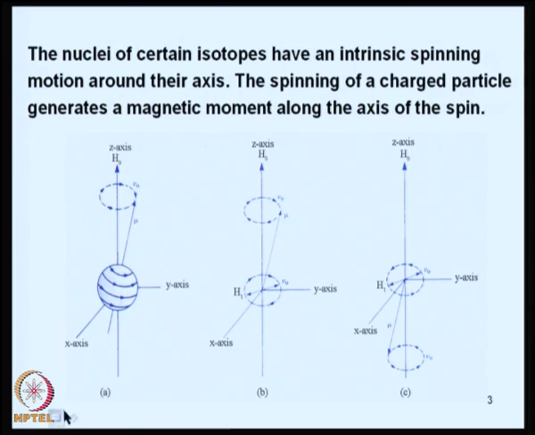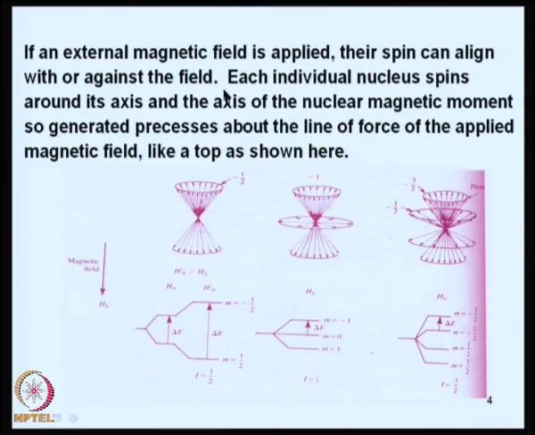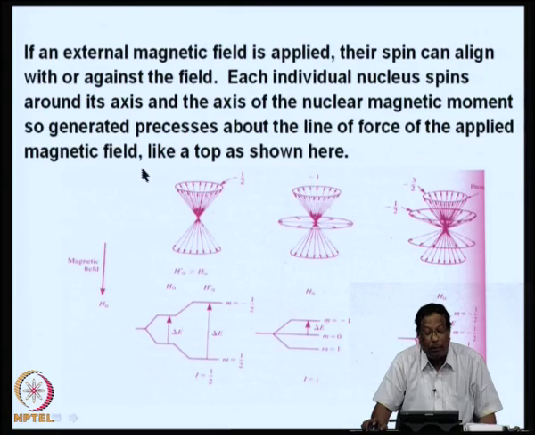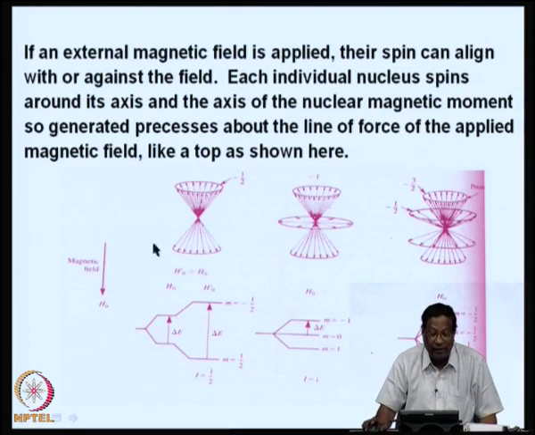If an external magnetic field is applied now, the spin can align with or against the field, and each individual nucleus spins around its axis, and the axis of the nuclear magnetic moment also precesses around the line of force of the applied magnetic field, like a top shown here in this case.